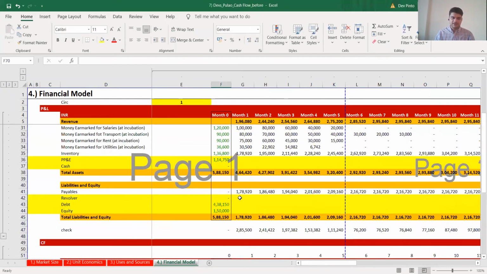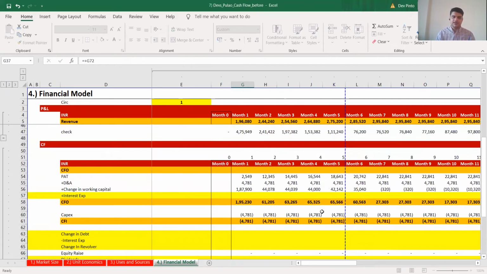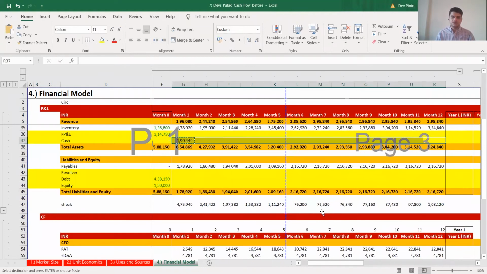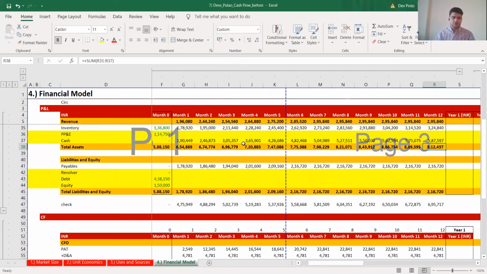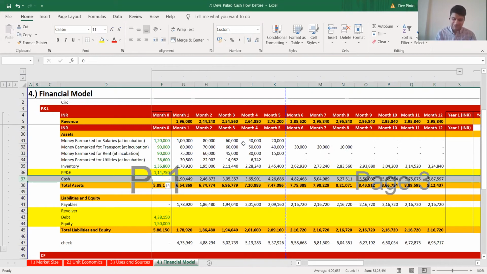Let's link this cash item back to the balance sheet. And then cash. Okay, so we've linked the cash.